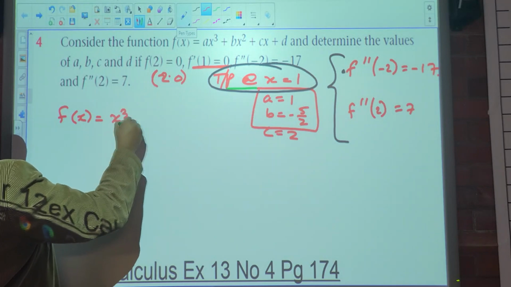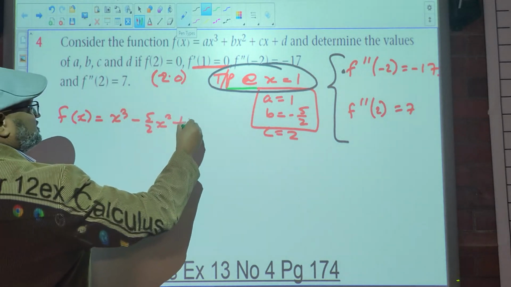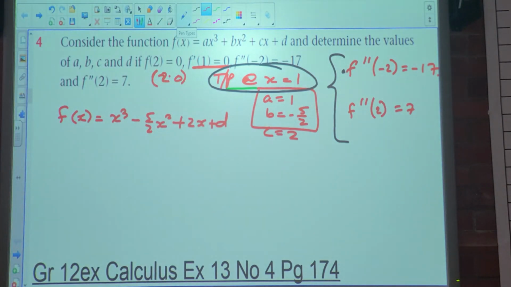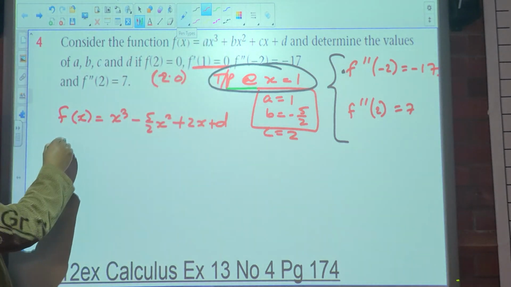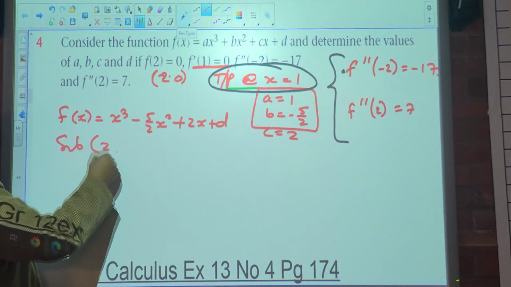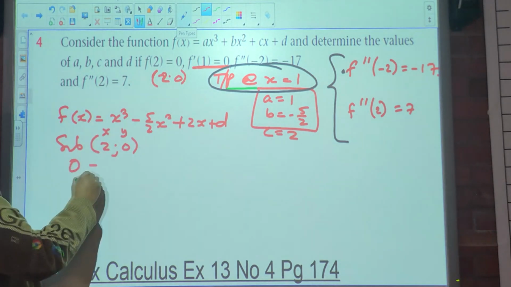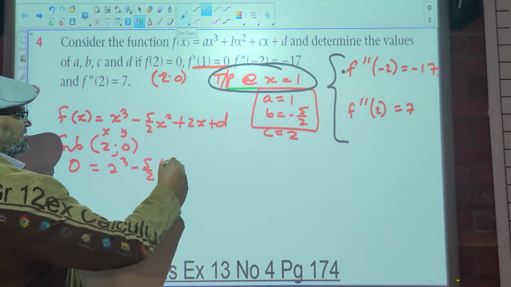So it's x cubed minus 5 over 2x squared plus 2x plus 3. Okay? We're going with that equation, the original. So what do I do? I substitute 2 and 0. That's an x and a y. So 0 is equal to 2 cubed minus 5 over 2 squared.